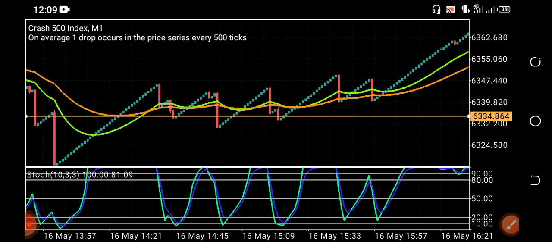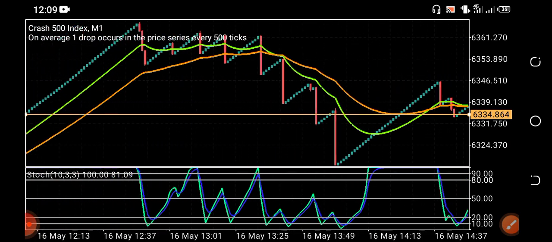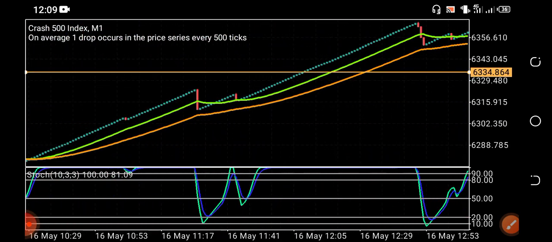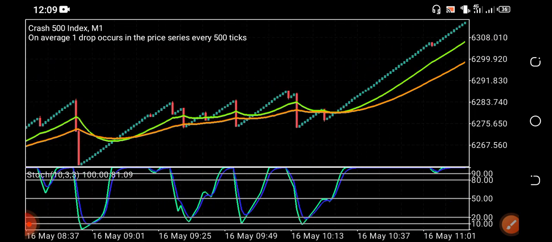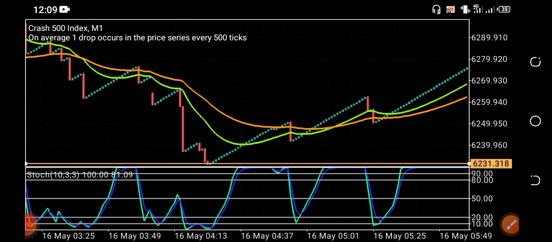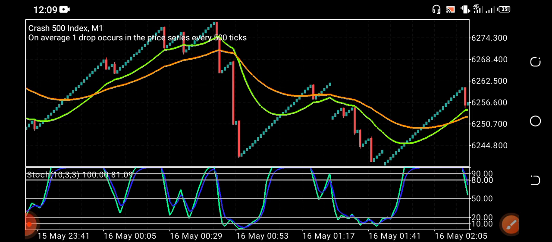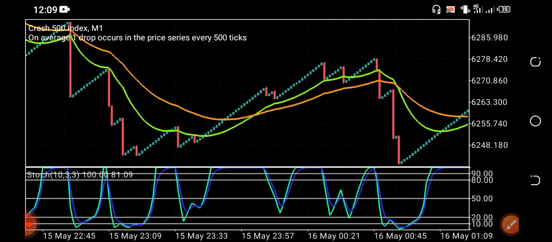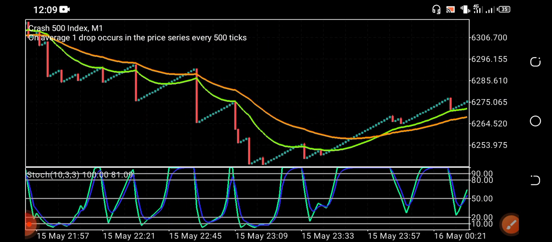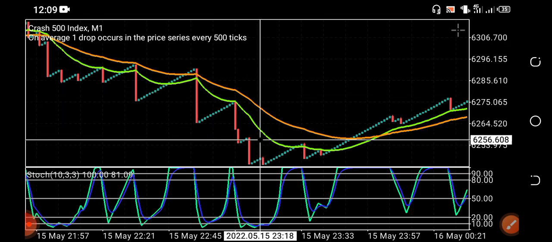You are sure that the green one and the blue one touched 10, not nearly, not getting close to. Anytime you see that it has touched on the 1 minute time frame, take your trade. You would take at least 4 to 5 candles. For some of us that are using a higher lot size, you can take 2 candles and leave the trade.